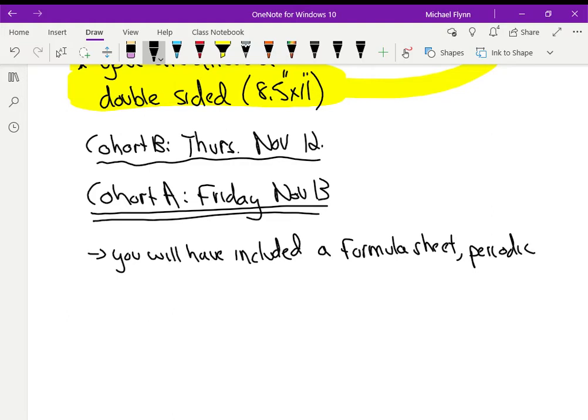So you don't need to write that stuff on your cheat sheet. I will show you all the stuff I'm going to give you, and that stuff you do not need to include on your cheat sheet.